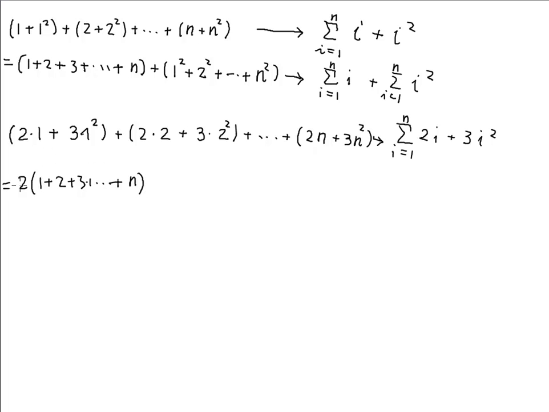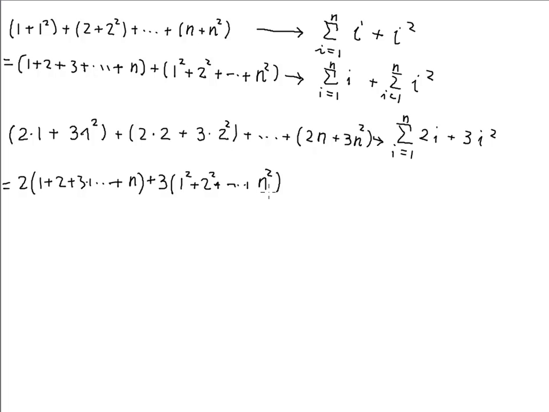So this sum collects all these terms, 2 times 1, 2 times 2, and 2 times n. And then we look at the second part and pull out 3. So this is going to be 3 over here, and then we have 1 squared plus 2 squared plus n squared, like that. So that's how we regroup these terms.